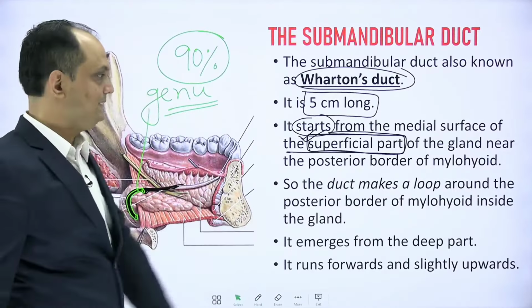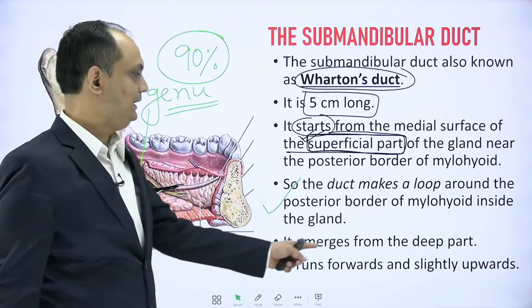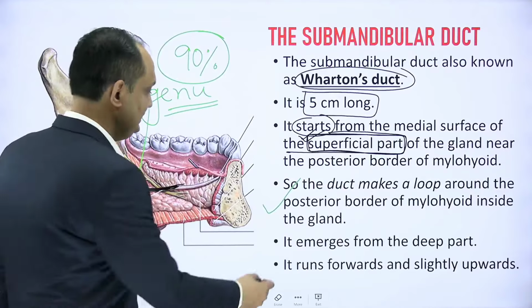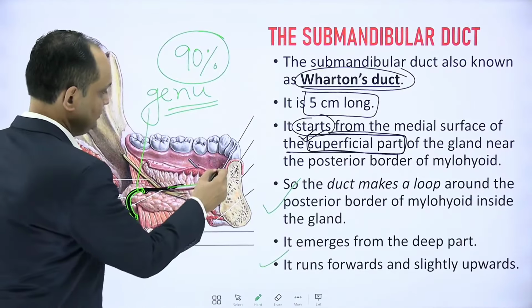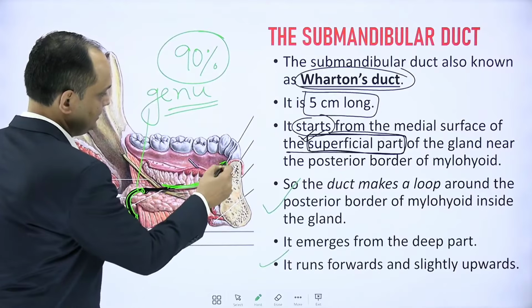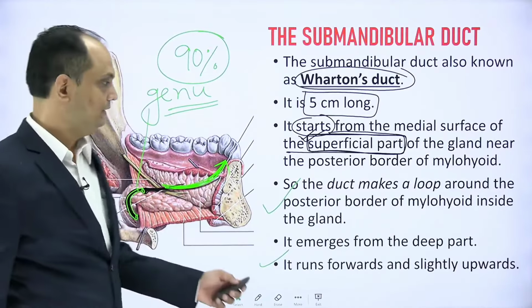So the duct makes a loop around the posterior border of the mylohyoid, ultimately emerges from the deep part, and then runs in a forward and upward direction. So the secretion will go against gravity. Now, what is the course?